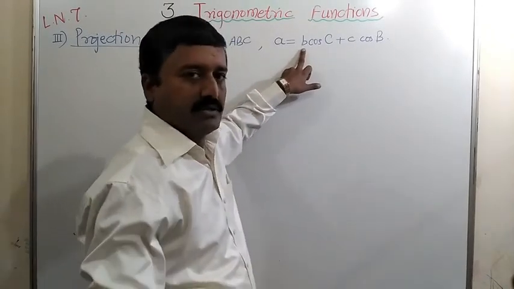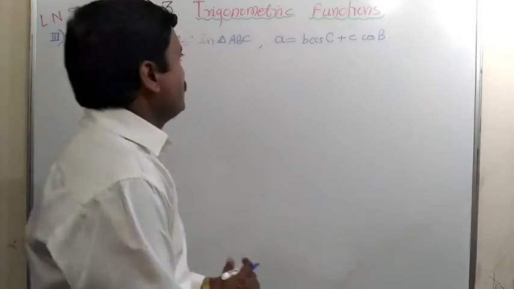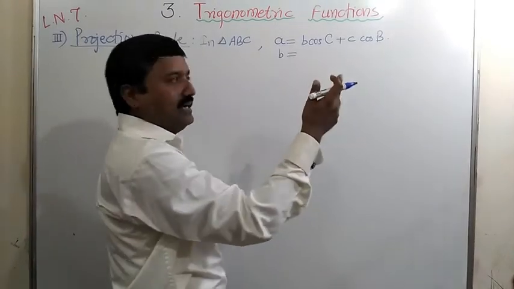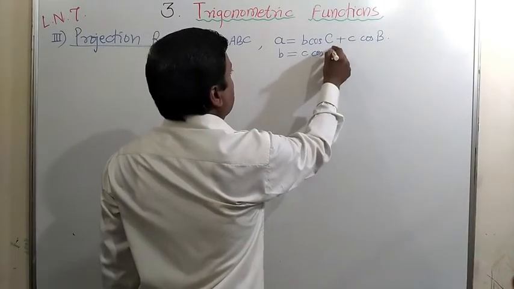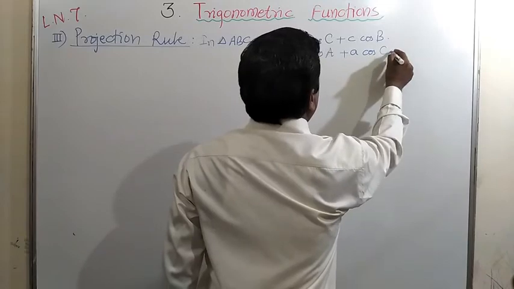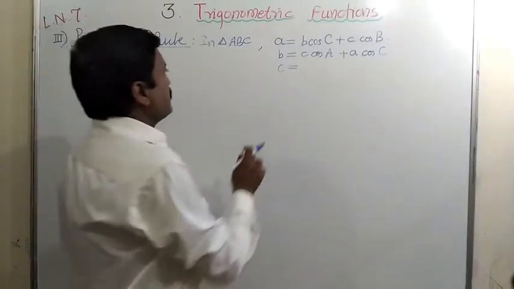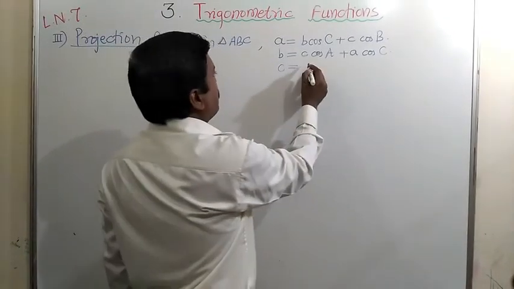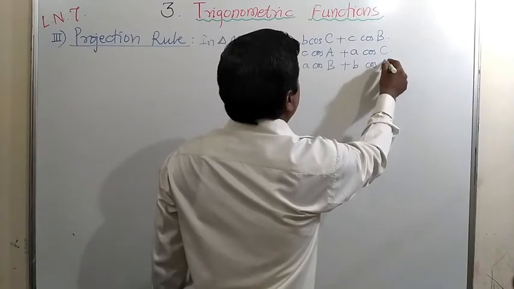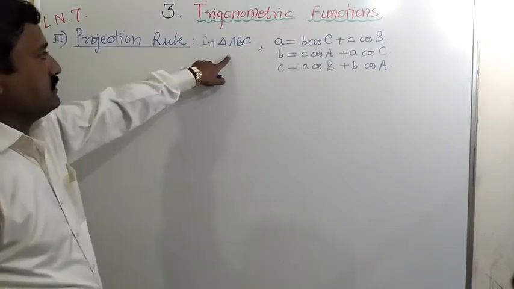Whenever we are taking small b, it is with cosine of angle C, and small c is with cosine of angle B. Similarly, we can write small b is equal to c cos A plus a cos C. And the third similar result is small c is equal to a cos B plus b cos A. These are three forms of projection rule for triangle ABC.